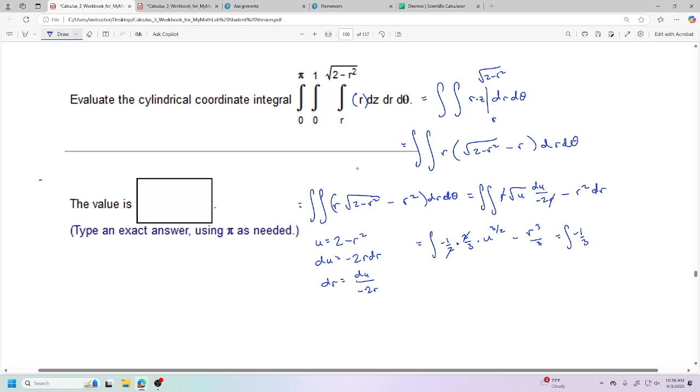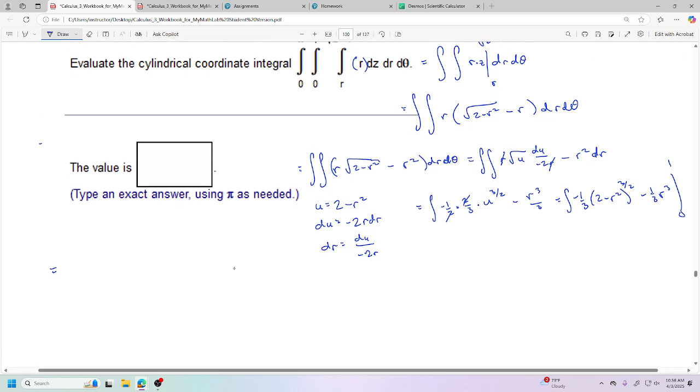So I got negative 1/3, 2 minus r squared to the 3/2 minus 1/3 r cubed, and now from 0 to 1? Okay, well, that's easy. In fact, I'm now gonna skip down over here since we're gonna start working down there now. When I plug in the 1 everywhere, I still have to do that last integral here in a second.